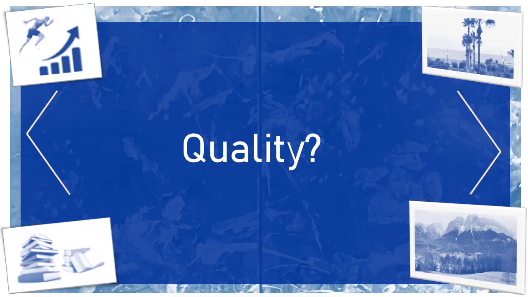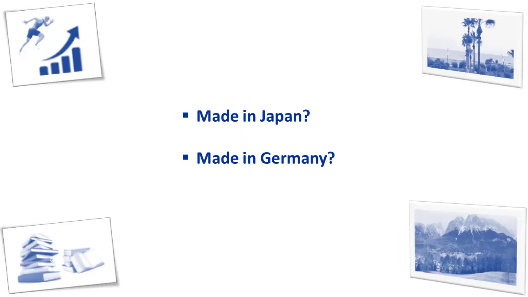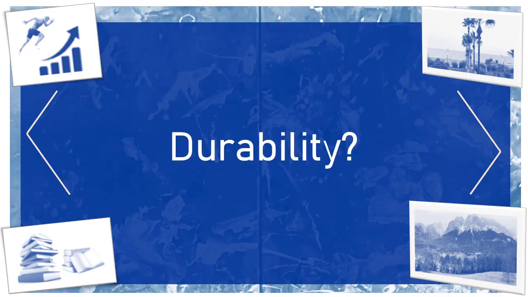As we have mentioned, the target is to formulate within 15 to 20 seconds the key competitive advantages of your offer in comparison with your competitors. For example, where is your product manufactured? Made in Japan? Made in Germany?